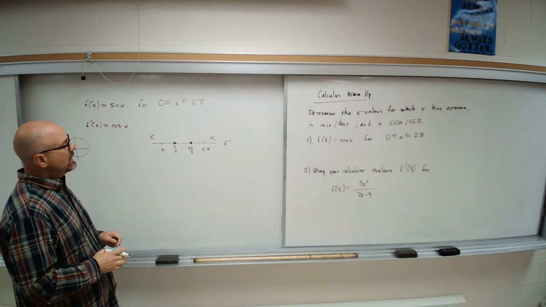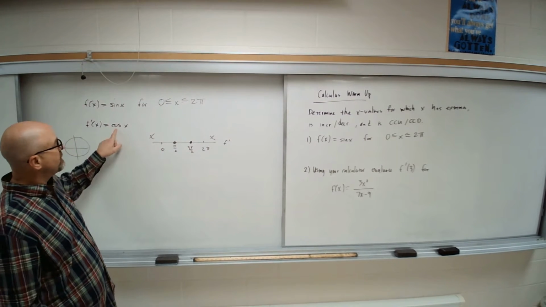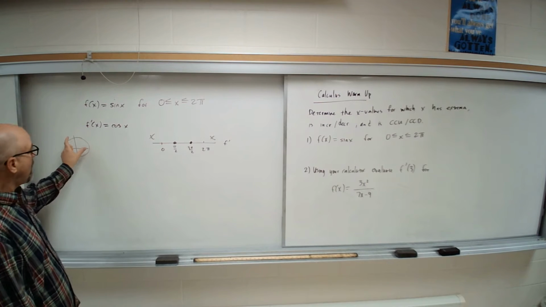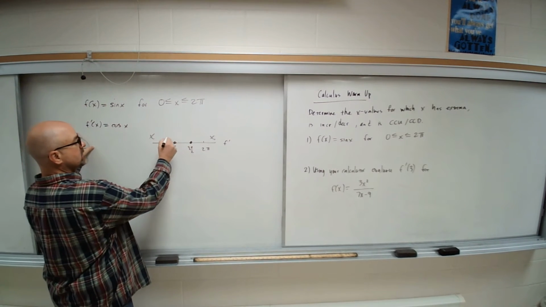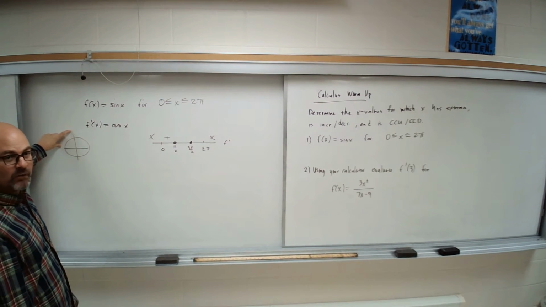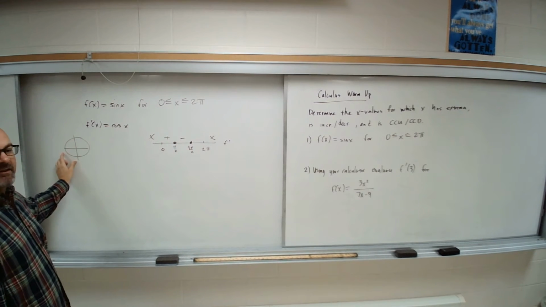So let's figure out what kind they are, and let's look at where this function cosine is positive and where it's negative. Now, in the first quadrant, between 0 and pi over 2, cosine is positive, right? Over here, in the second quadrant, it's negative, just like it is in the third quadrant, right?